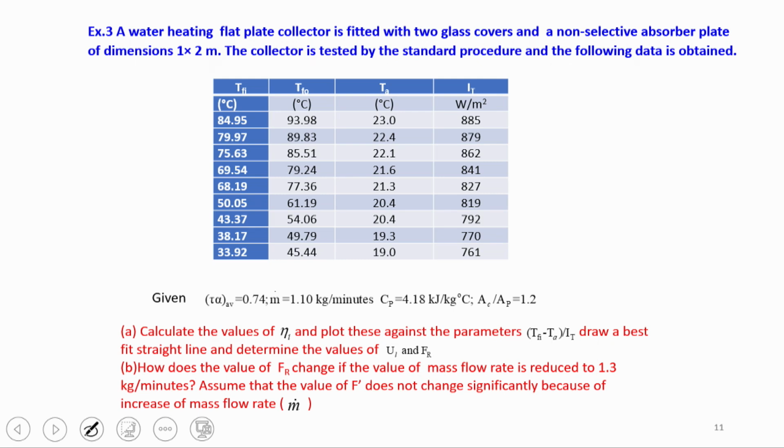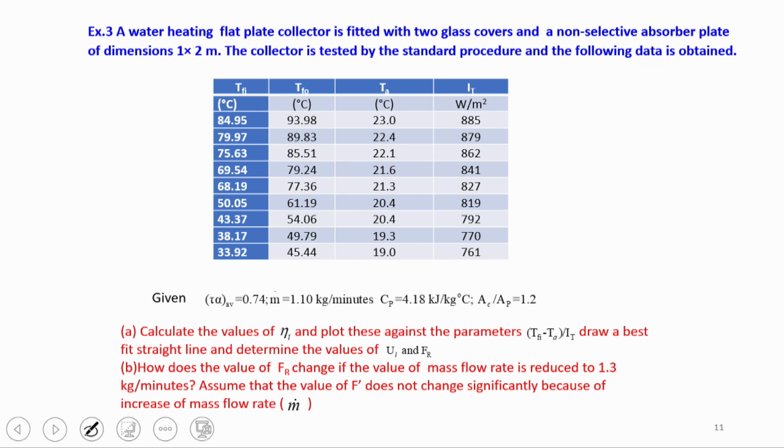And also tau alpha average, then mass flow rate, then CP, and then AC to AP is given to you. We need to calculate instantaneous efficiency and plot this against the parameter TFI minus TA, draw a best fit straight line, and determine the values of UL and FR. How does the value of FR change if the mass flow rate is reduced?